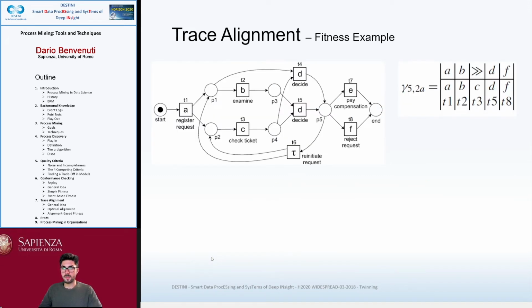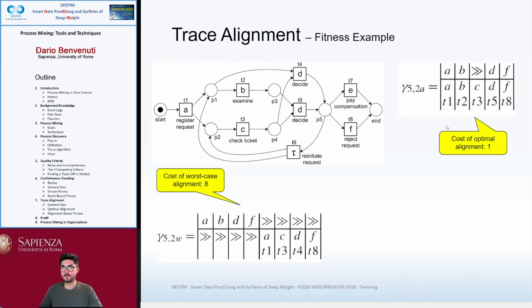And we can see here an example of how it can be computed. So we have this model, and the trace that we have is this one, A, B, D, F, and we can see two different alignments for it. The optimal one, which has a cost of 1, since it has only one deviation, which is represented here by this move in the model only.